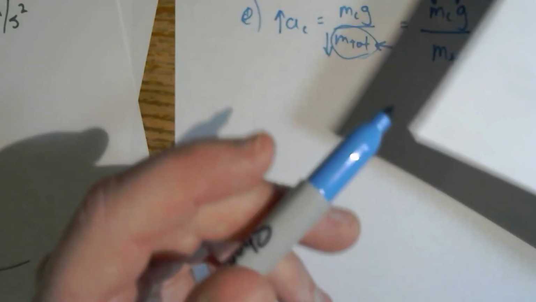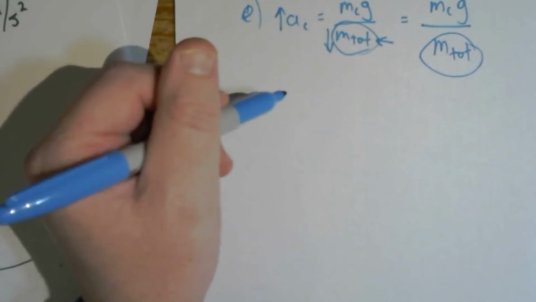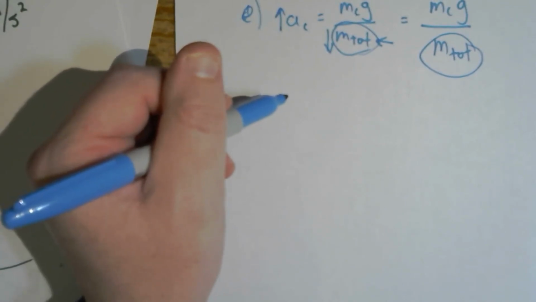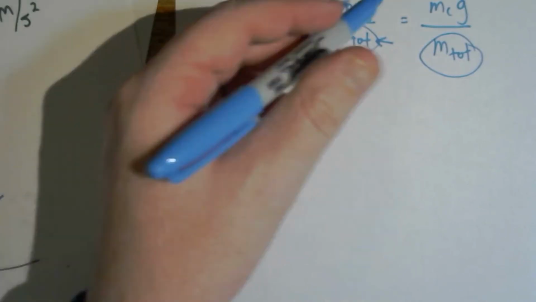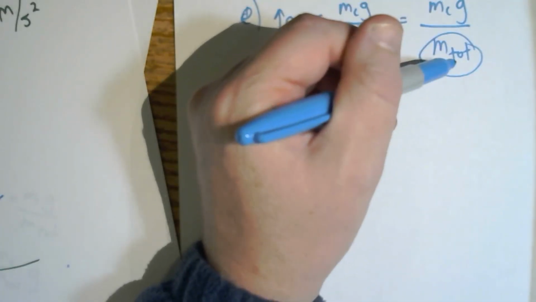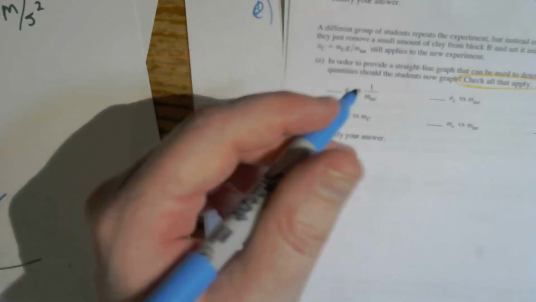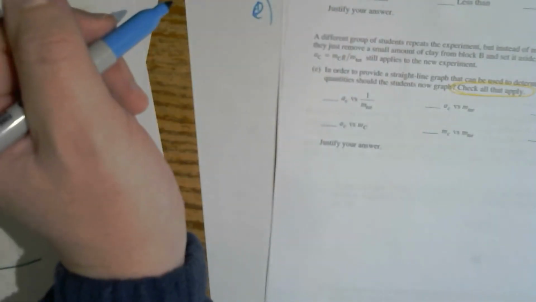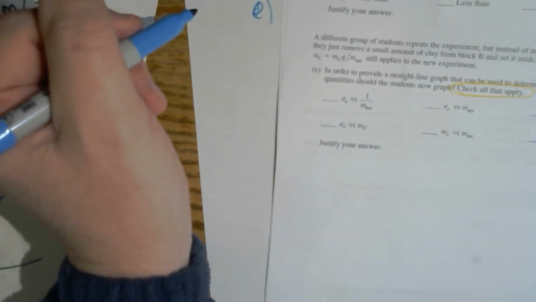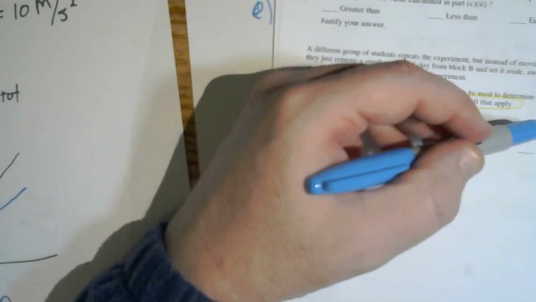And it's got to be on the bottom of the equation, right? So I'm going to choose something that has AC equal to 1 over mass total somewhere in the bottom. So that's going to be this choice right here, AC versus 1 over mass total. And also AC versus MC over mass total.